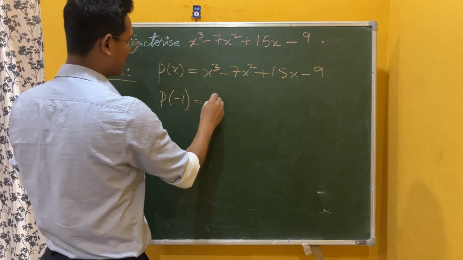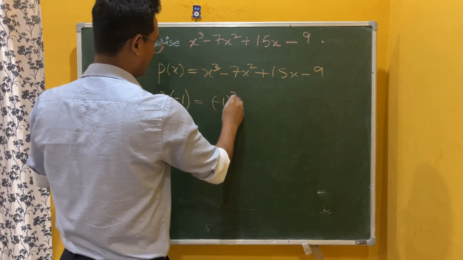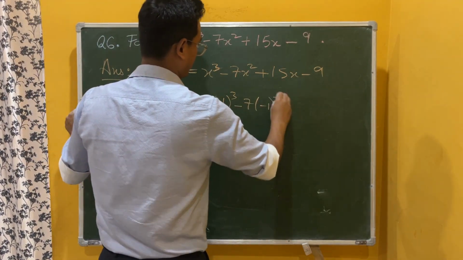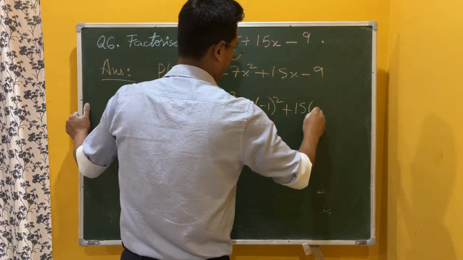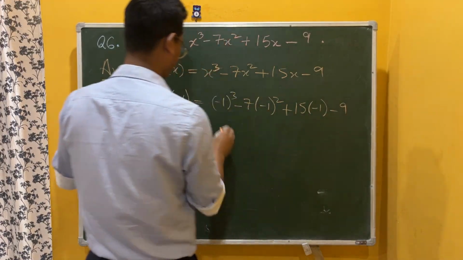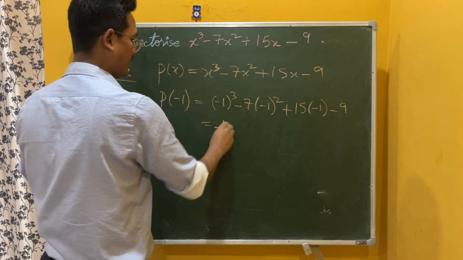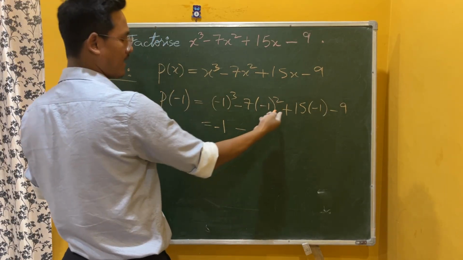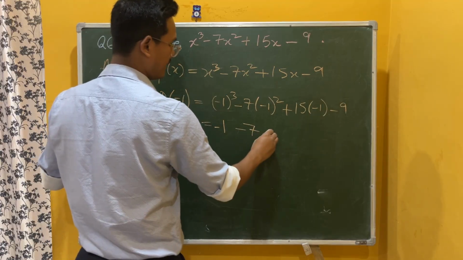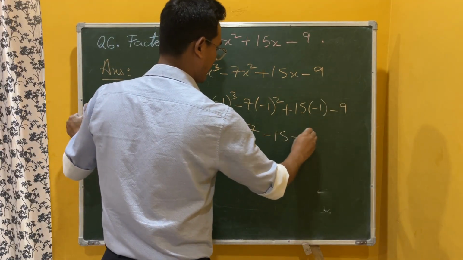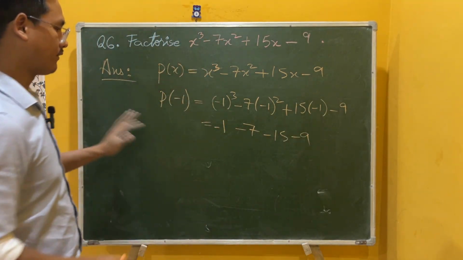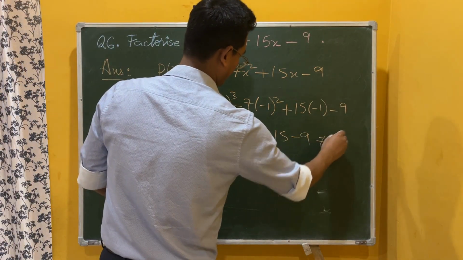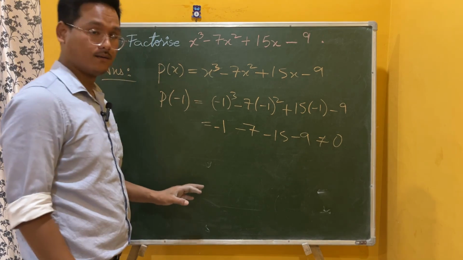This is minus 1 cube, this is minus 1. Minus 1 square is 1, so it's going to be minus 7, minus 15, minus 9. So therefore, this is going to be a non-zero number. It's not going to be 0, isn't it?